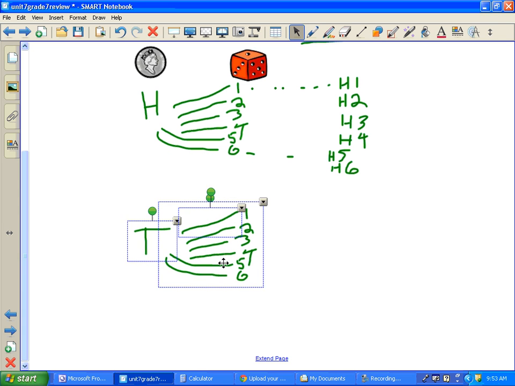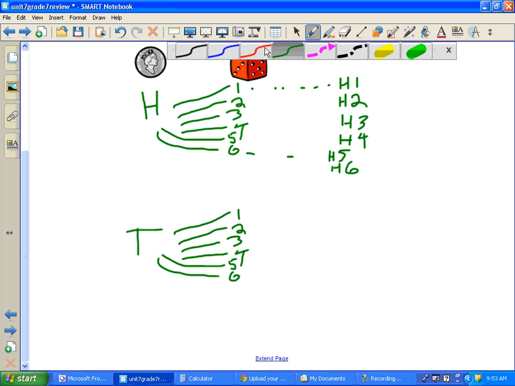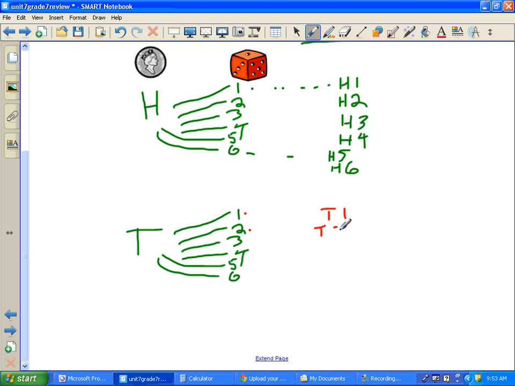So I'll move this down again. Now I'm going to see what I could have gotten if I got a tail first. I could have gotten a tail and a 1, a tail and a 2, a tail and a 3, a tail and a 4, a tail and a 5, or a tail and a 6.